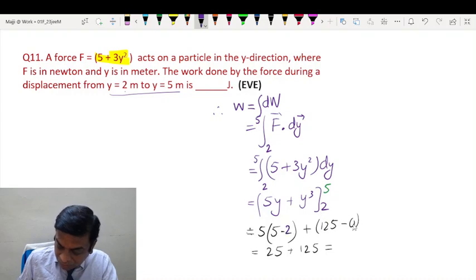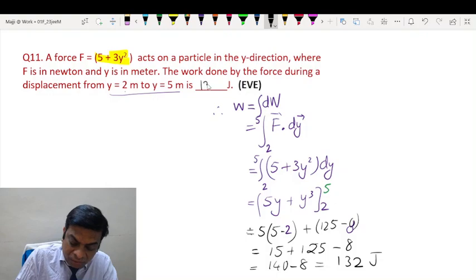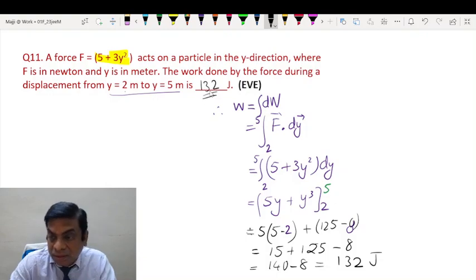So 5 3s are 15 plus 125 minus 8. So 140 minus 8, that is 132 joules. So 132 is the correct answer.